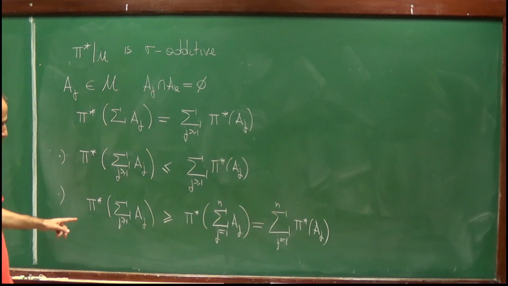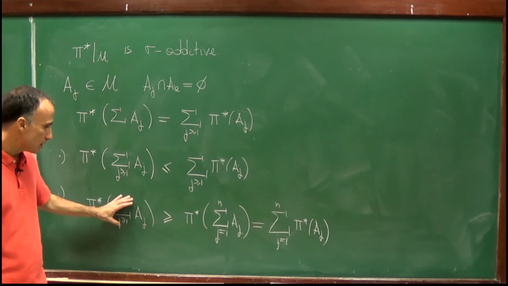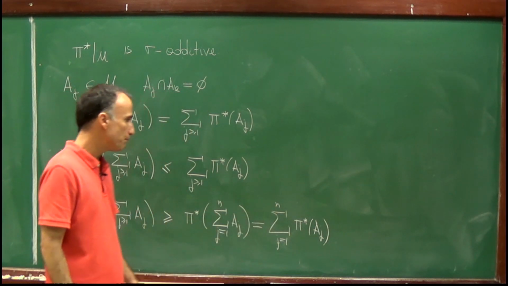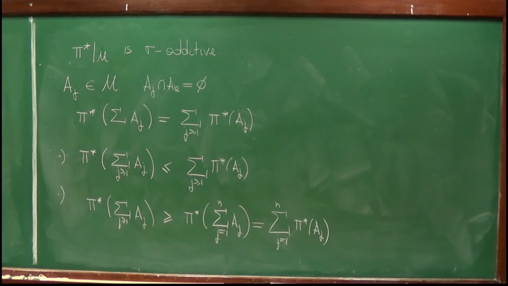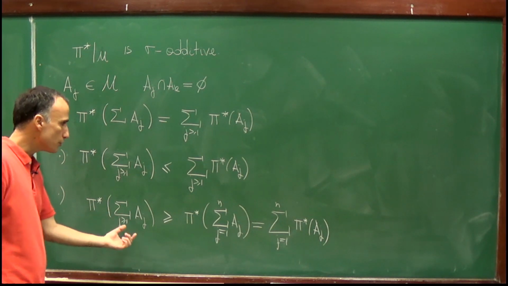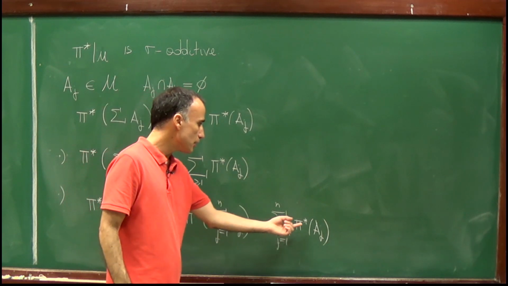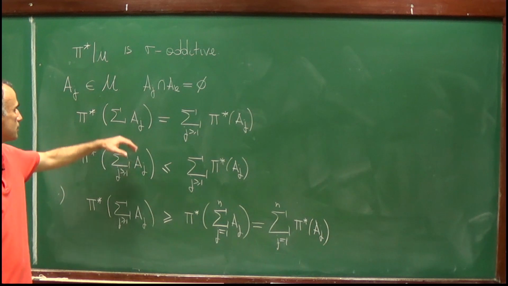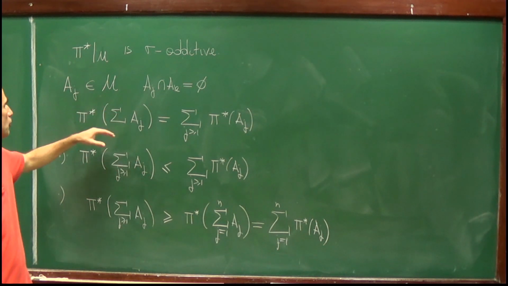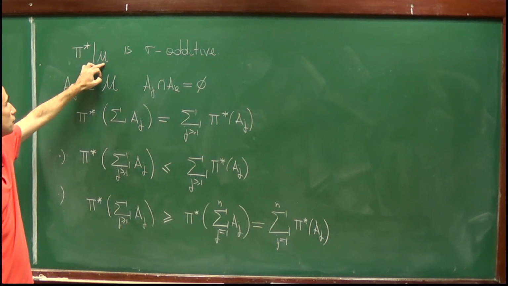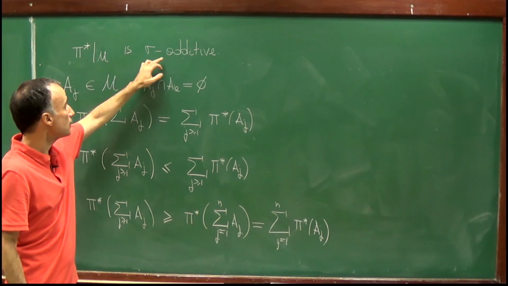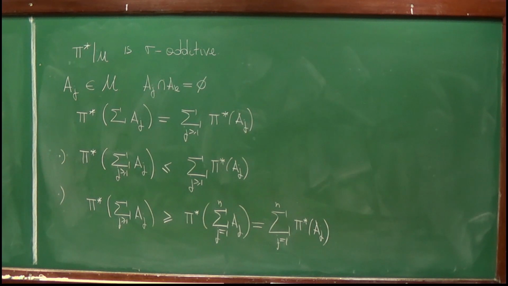Up to now, what we proved is that P star of the countable union is greater than or equal to the sum up to n. This holds for any n, so you can just send n to plus infinity to get that P star of the union is greater than or equal to the sum of the P stars, which is the reversed inequality. This gives you the identity, and therefore this proves that P star restricted to the class of measurable sets is indeed sigma additive.